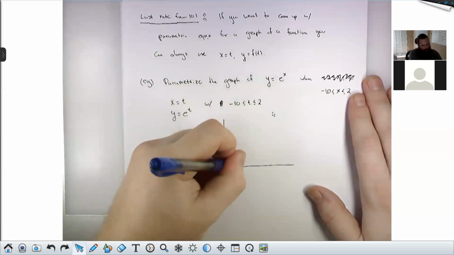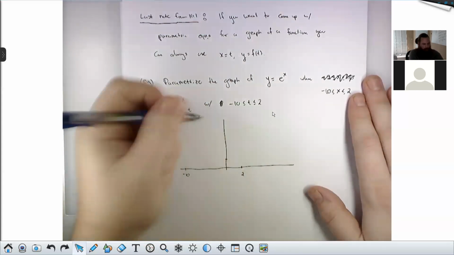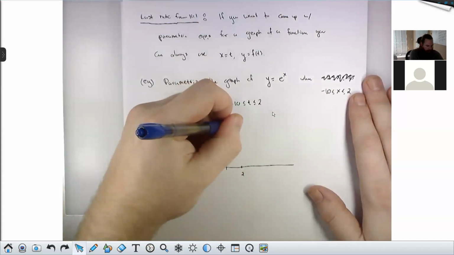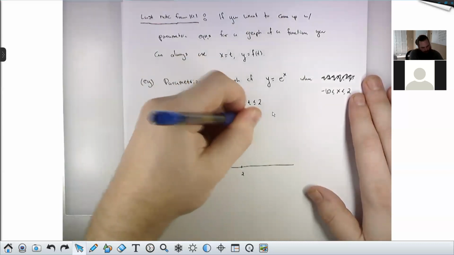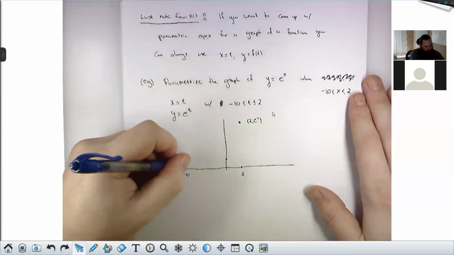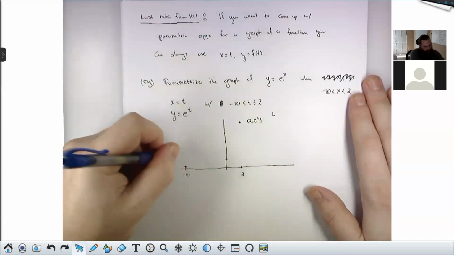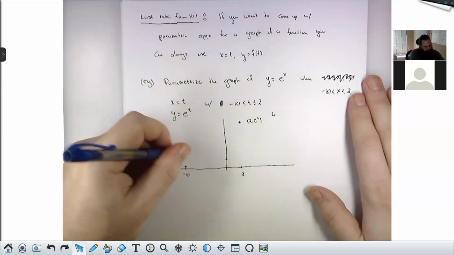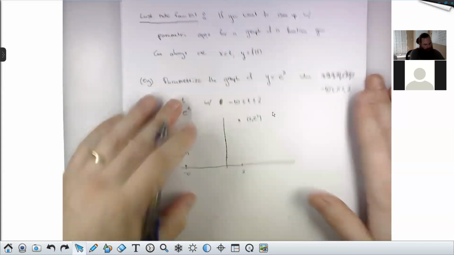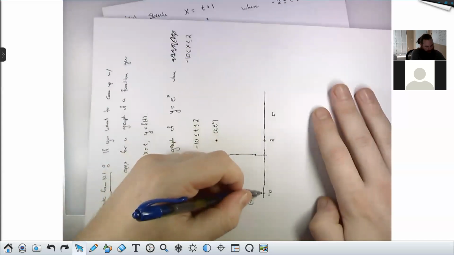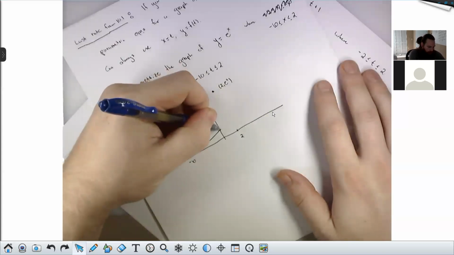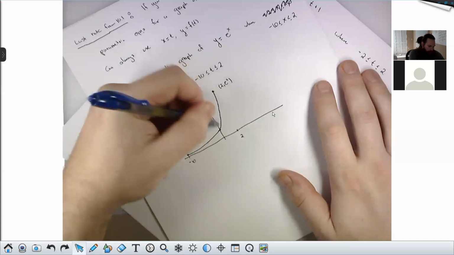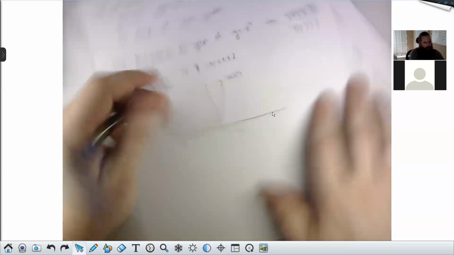This one, right here, call this 2. So you have 2 comma e squared up here. And over here you would have -10 comma e to the -10. And the curve looking how you're used to exponential curves looking. All right, like this.